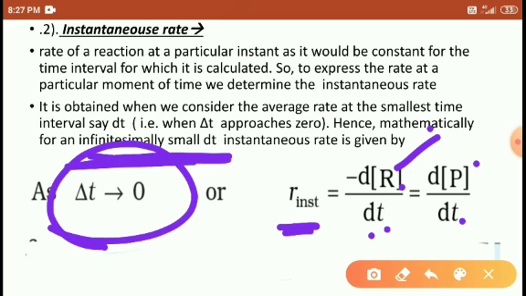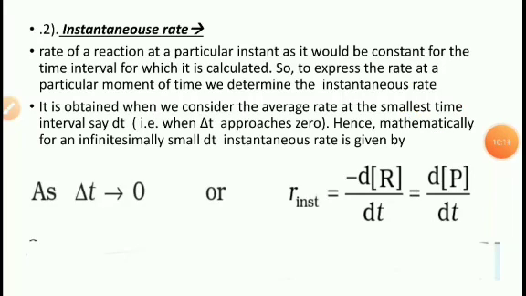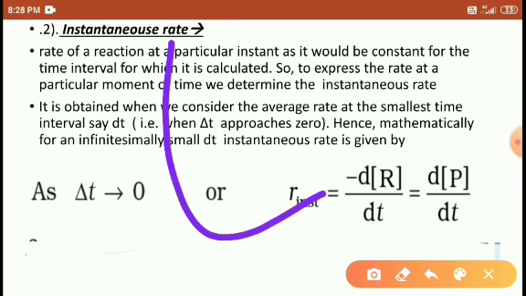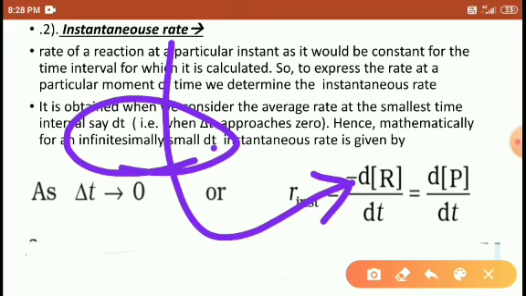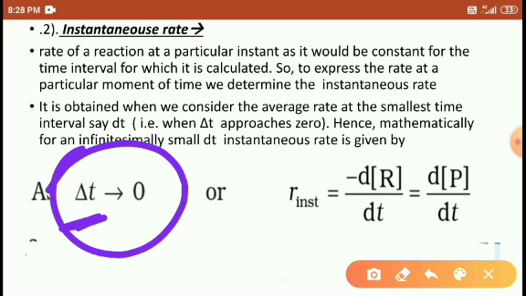That's it, students. For the instantaneous rate we use d, the differentiation, because it is very small. But in the average rate we use delta. So delta t is 0 at the instant rate, that is dr by dt.